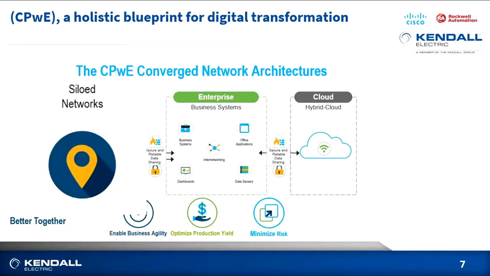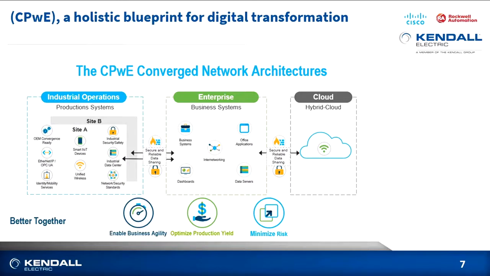The siloed networks of the past can now be integrated into the CPWE architecture, providing greater real-time visibility into the state of industrial operations. This seamless connectivity is also achieved through the use of open systems.